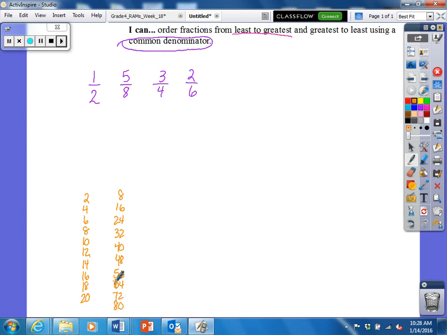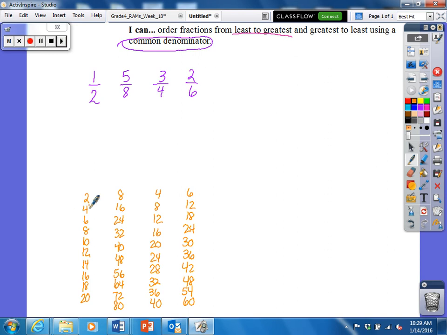Remember, we try to go to the multiple of 10 to start. 4, 8, 12, 16, 20, 24, 28, 32, 36, 40, and 6, 12, 18, 24, 30, 36, 42, 48, 54, 60.